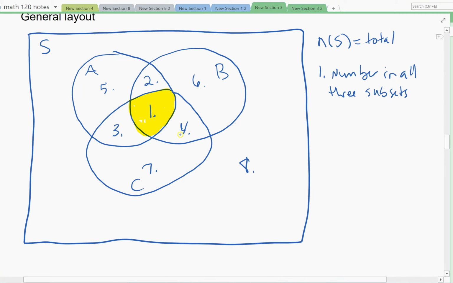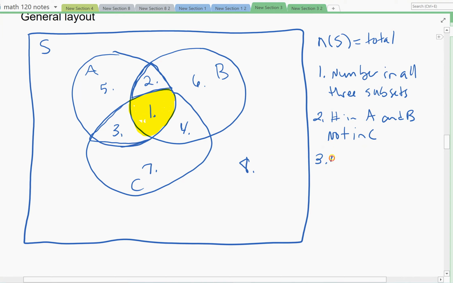Then 2, 3, and 4 are all similar types. If you look at 2, it's this sort of triangular wedge here. Region 2 is the region in A and B, but not in C. So 2 is the number in A and B, but not in C. What we do is, we usually know how many are in A and B. We subtract away how many were also in C, and what's left over is that little wedge there. 3 and 4 work exactly the same way, they're just in the other circles.